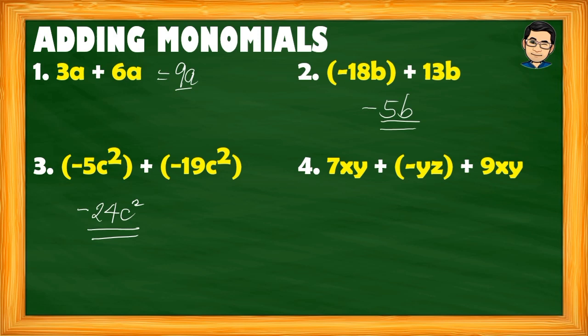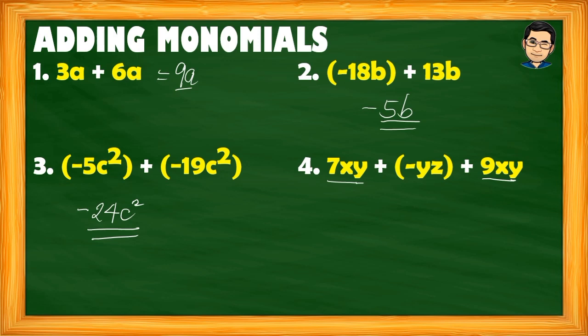Next, number 4. 7xy plus negative yz plus 9xy. So in here, tatlo na po yung polynomials or monomials na ina-add natin. So ang gagawin lang po natin dito is i-combine lang po natin yung mga like terms, yung mga magkakamukhang terms. So yung mga magkakamukhang terms dito, 7xy and 9xy. So pagsasamahin lang po natin yon.